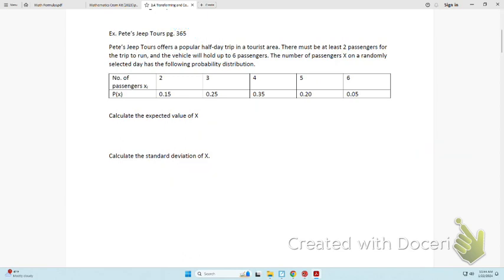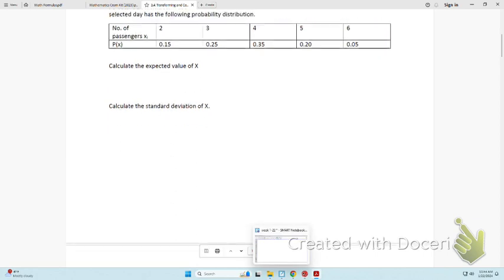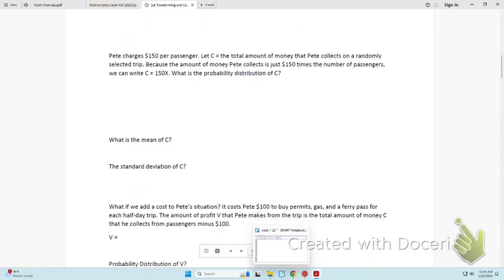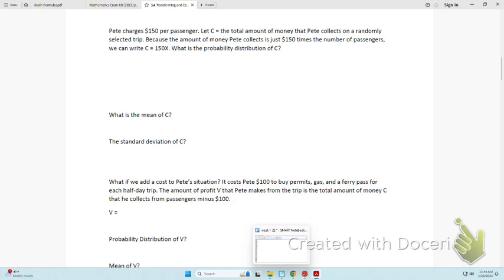All right, moving on. This problem builds because Pete is going to factor in how much money he charges customers. So he is charging them $150 each, which means we have a function on the amount that he charges or collects, as it says in that paragraph, C equals 150x. If we were to alter the probability distribution based on how much he charges, it would look like this.